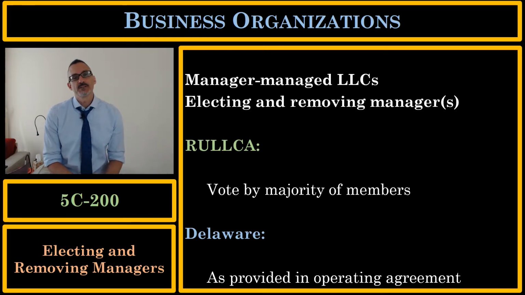In Delaware, it just says managers are elected as provided in the operating agreement. So if you have managers in your limited liability company, the operating agreement should clearly spell out how we elect and remove these managers, because the default rule might not provide any guidance on this.